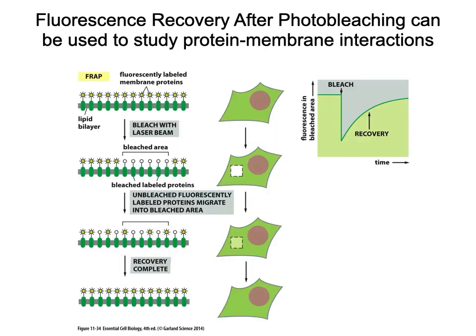As you saw in that video and as I was just mentioning, this figure shows you how FRAP is conducted. On the top here, we have the fluorescently labeled membrane proteins, and they can be fluorescently labeled because we have antibodies with fluorescent dyes on them that are recognizing the protein of interest, or we could have a fusion protein.